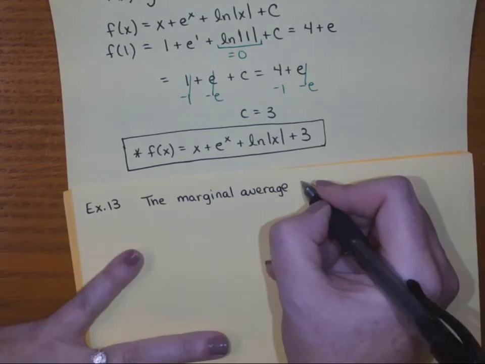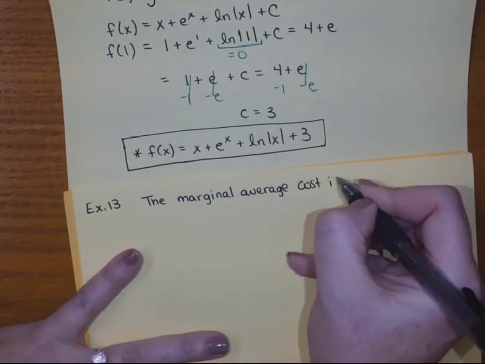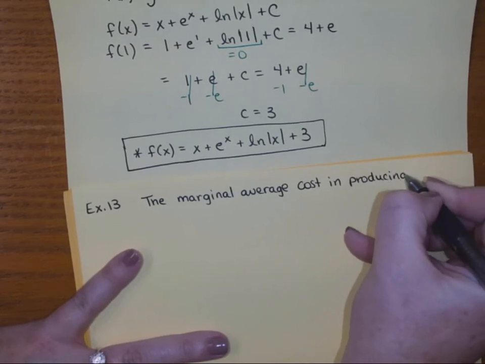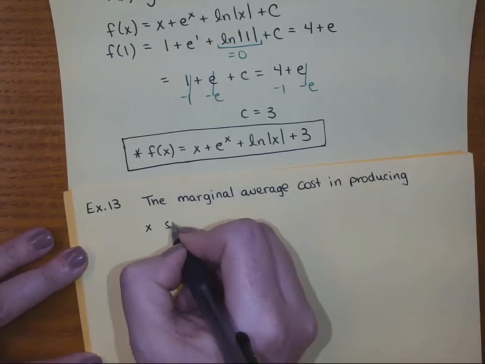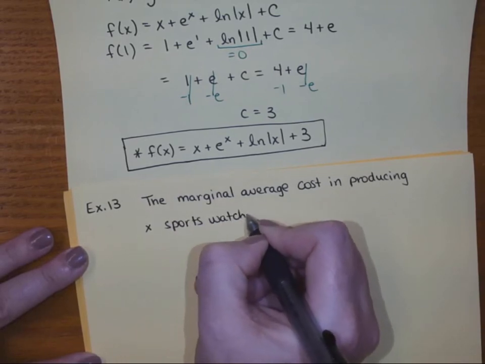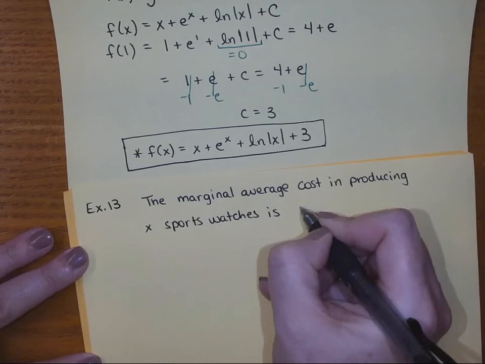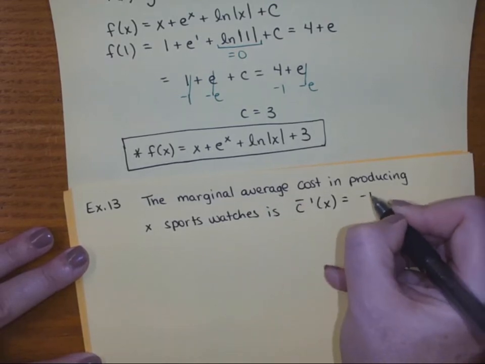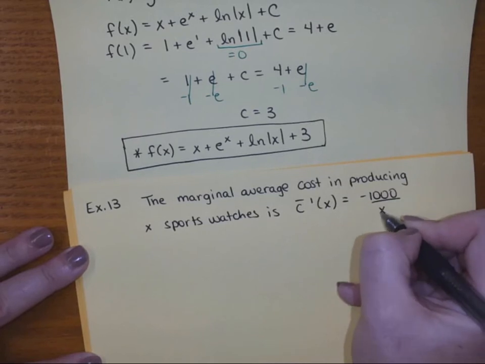So let's say the marginal average cost in producing x number of sports watches is negative 1,000 over x squared.